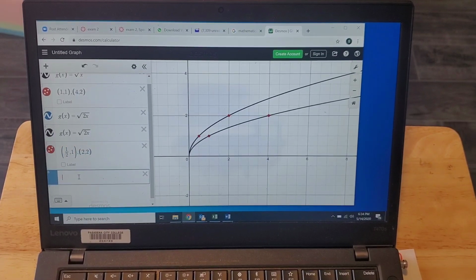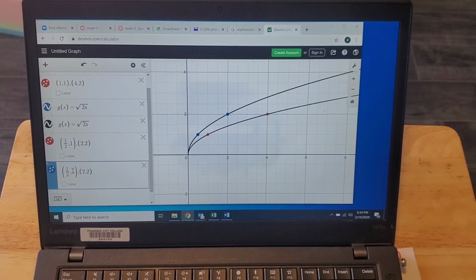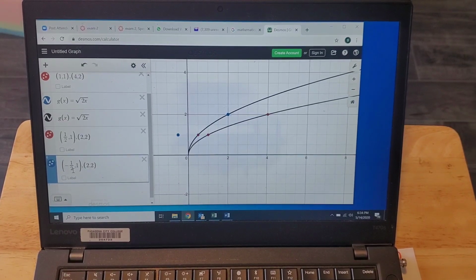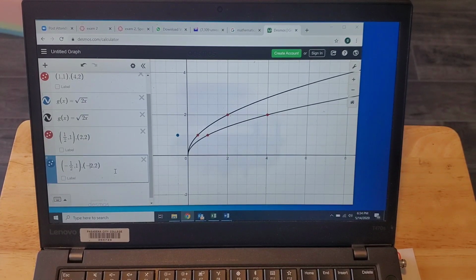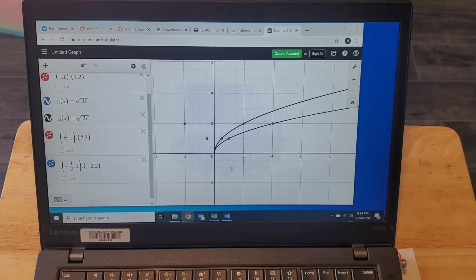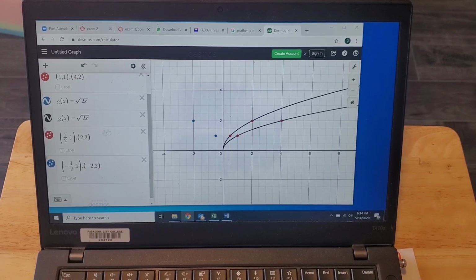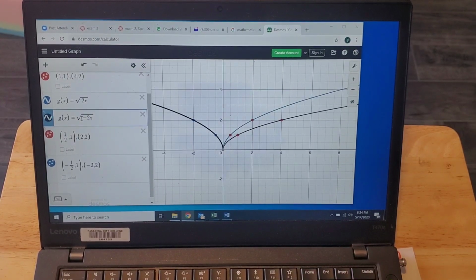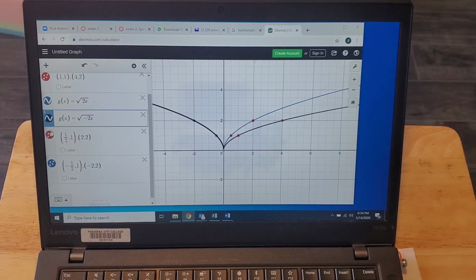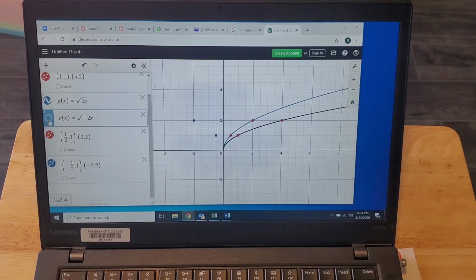So I'm already going to put the points here. It's going to convert this to a negative, and this to a negative. And then you're going to see these points are on this side. So when I input that negative here, these points are getting shifted over to the other side. I can turn it on and off and you can see how that reflection happens.